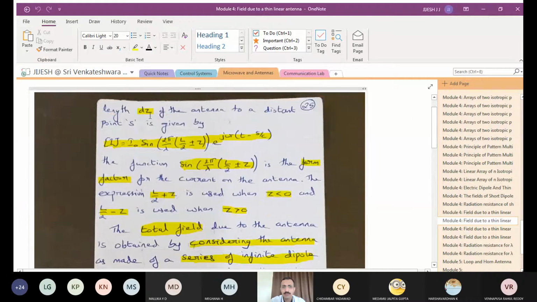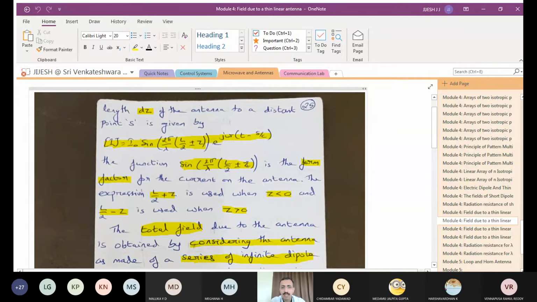As I have told you, we take a small length dz and then integrate it over the limits. Here the current I is given by I naught sine of 2 pi by lambda times (L by 2 plus or minus z), times e to the power of j omega (t minus s by c). So I is a sine function of 2 pi by lambda (L by 2 plus or minus z).